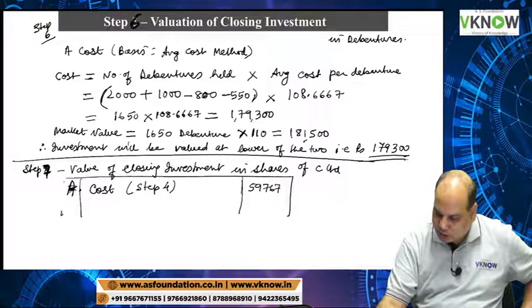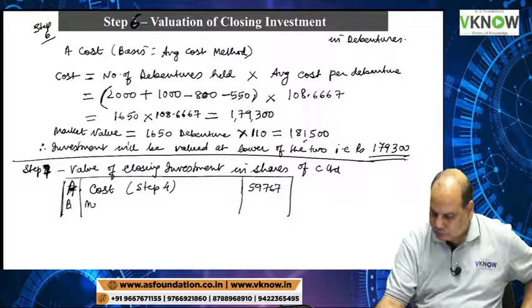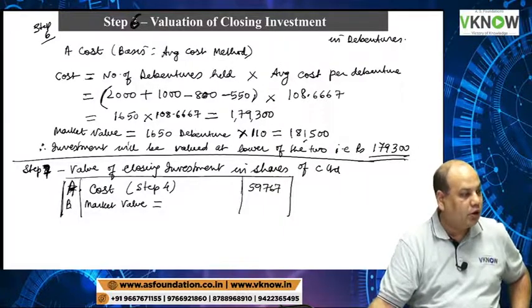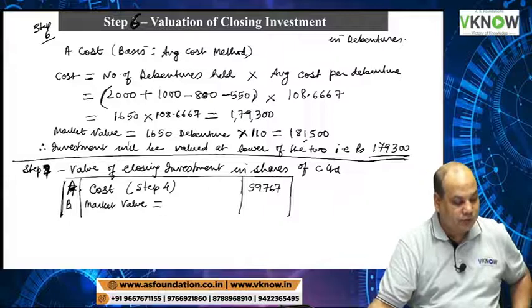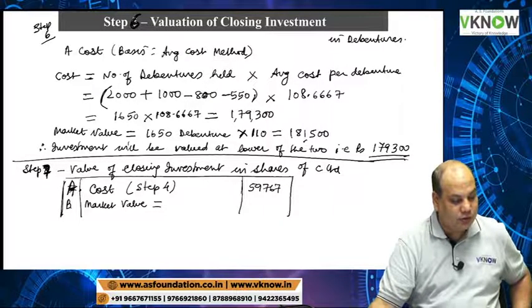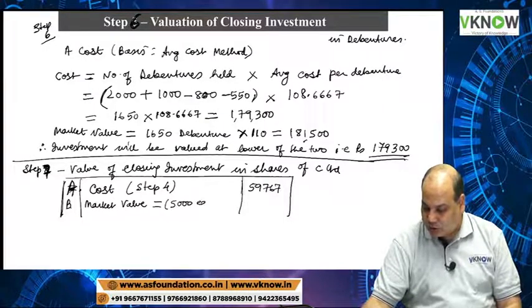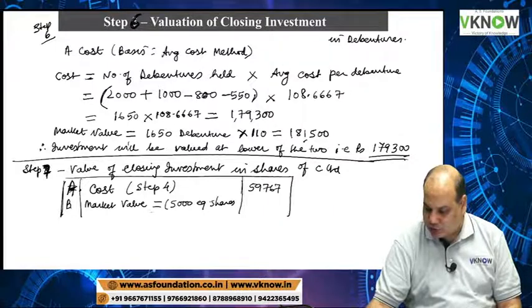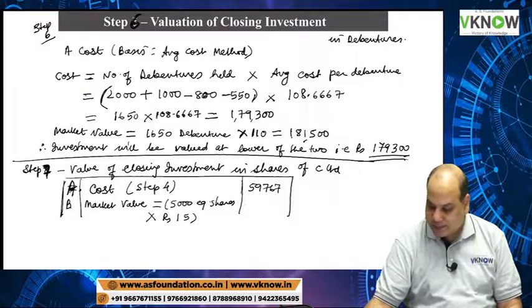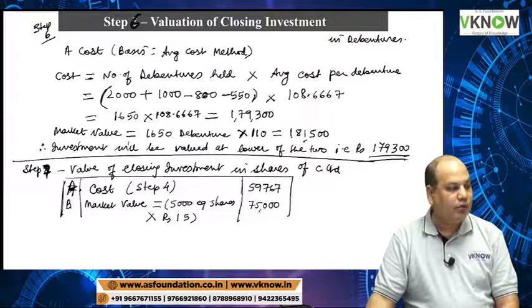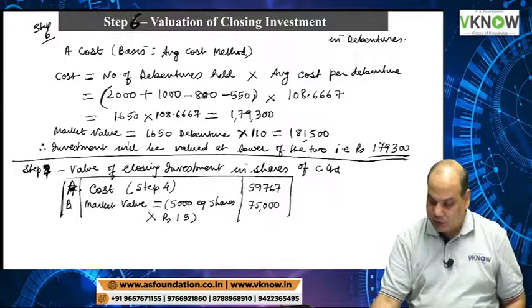And point number B, write down market value. Go to the question. In the question you will find that you have received 5,000 equity shares. After converting you are holding 5,000 equity shares into market price rupees 15. So the value of this investment is 75,000.